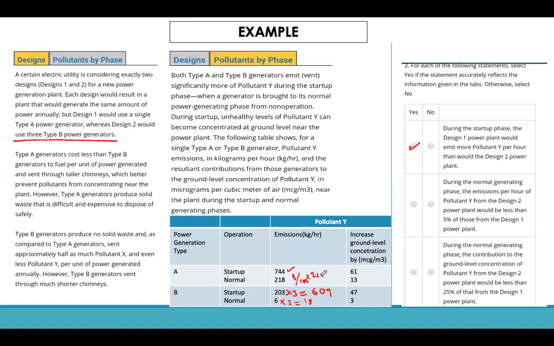Times 2 and 8 will give you 10.1 if you do the math. So just do simple division here.